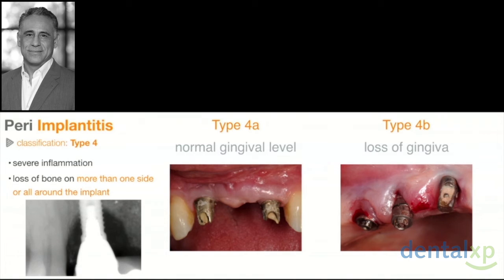One is the type 4A, one is the type 4B. In type 4A, we have significant loss of bone, however, normal gingival level, as shown in the patient in the middle. And type 4B is significant loss of bone with loss of gingiva as well.